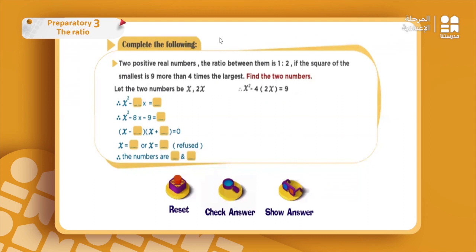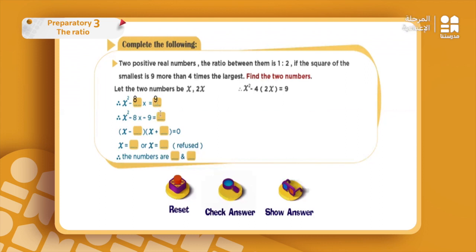Then the square of the smallest, which is x squared, minus 4 times the largest, so x squared minus 4 times 2x is equal to 9. So complete x squared minus 8x equals 9.